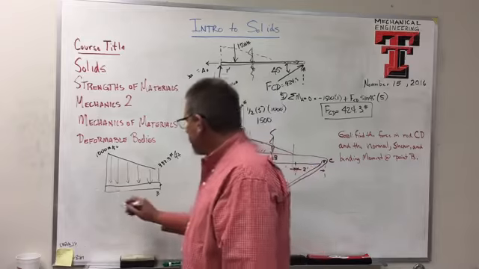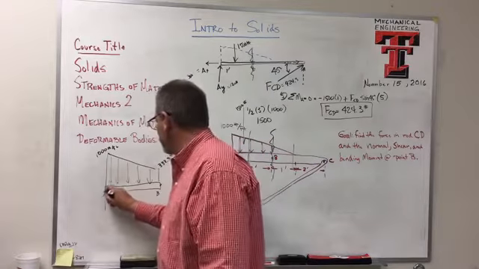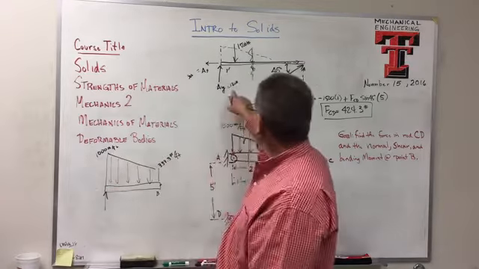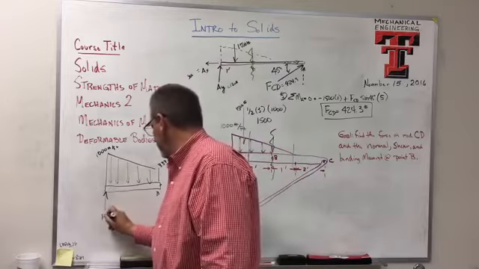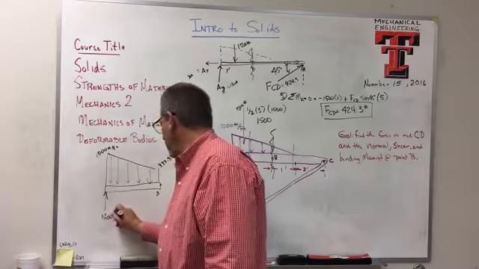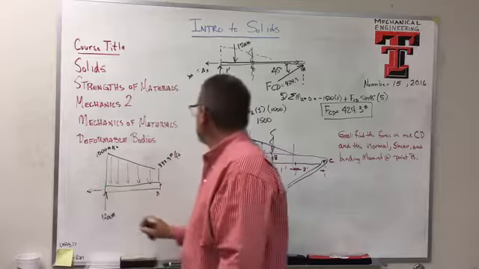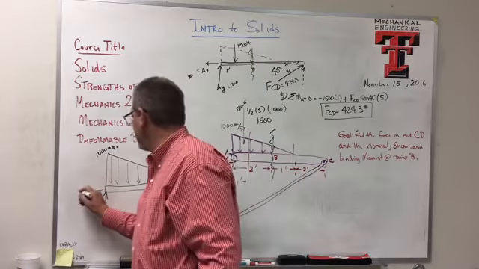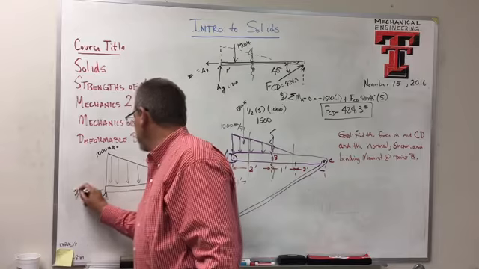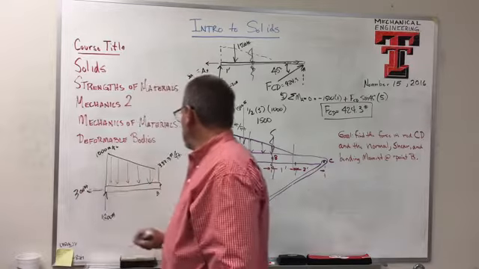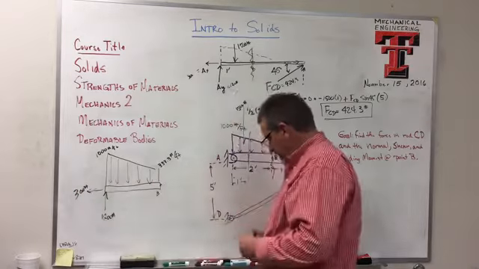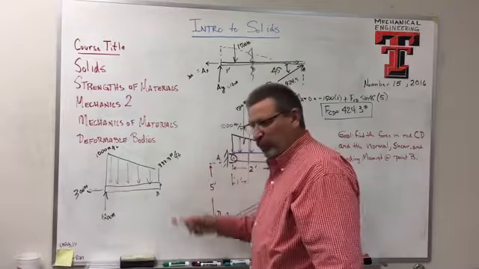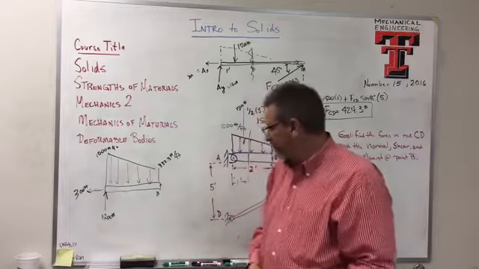Now, I also know that I have this reaction force over here that is 1,200 pounds, okay? And I have this AX that we found was 300 pounds also, right? 300 pounds, okay? Now, what happens where I cut the beam?